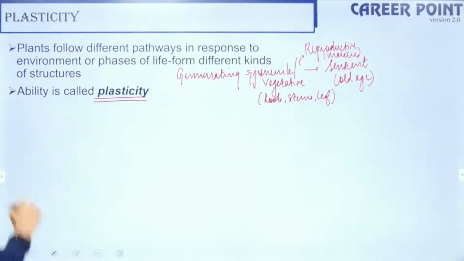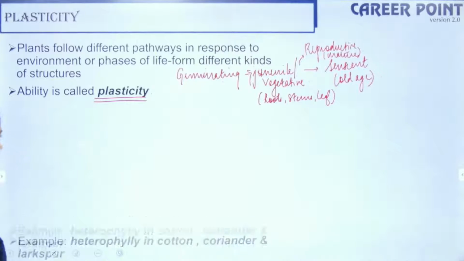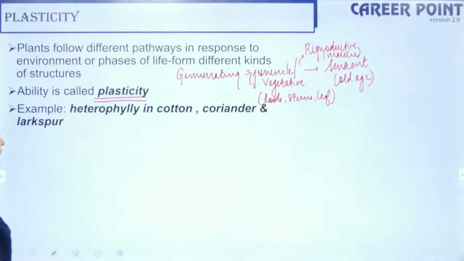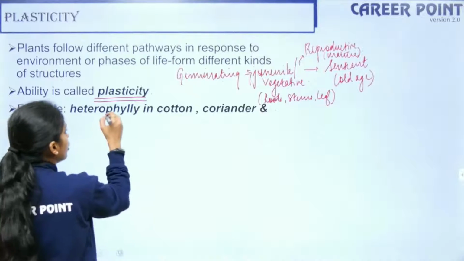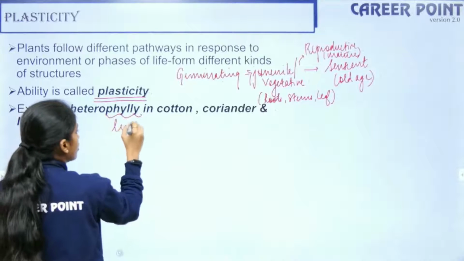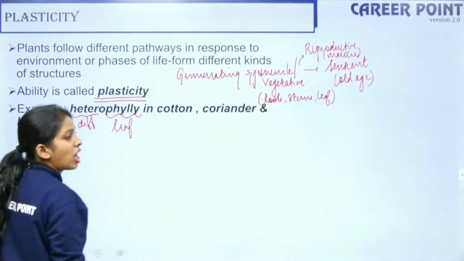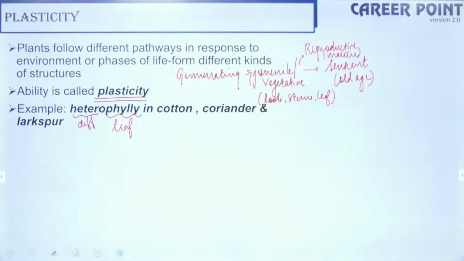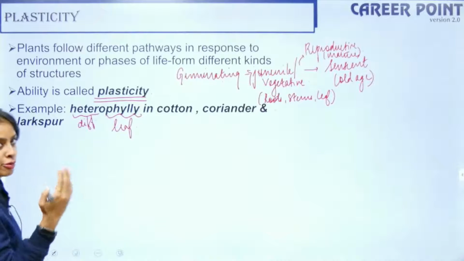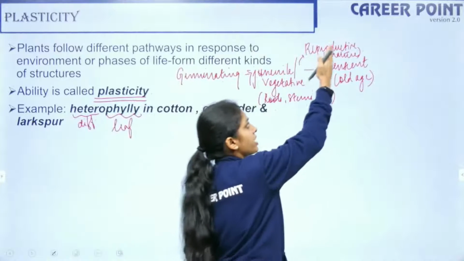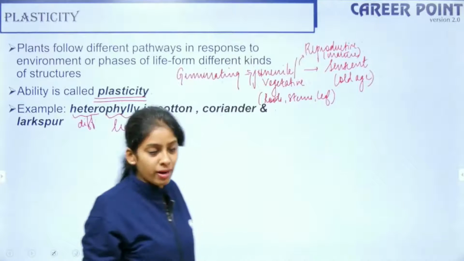Alright. So did you understand what is plasticity? Yes. So example, heterophylly in cotton. Phyllal is leaf, so hetero is difference. In cotton, in coriander and in larkspur, the leaf structure differs from the juvenile phase and the mature phase of the plant.